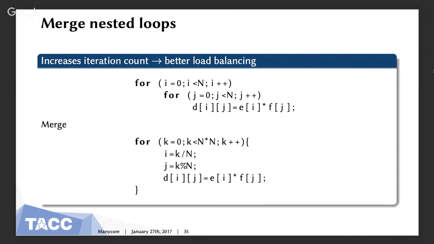Each one of the tasks will get some portion of that loop, but they're going to have to do the entire nested loop, the entire loop over j. That's not broken up in any way amongst the tasks. So if it takes one task much longer to do its portion of that work than another task, you're going to end up with load imbalance.